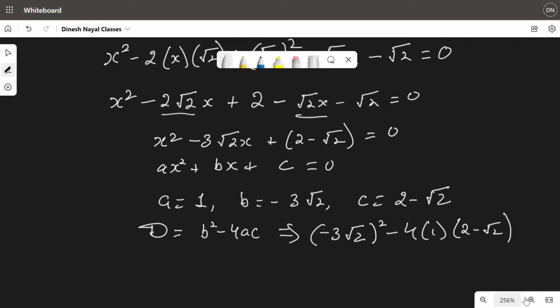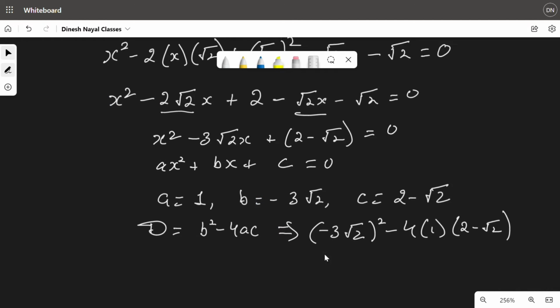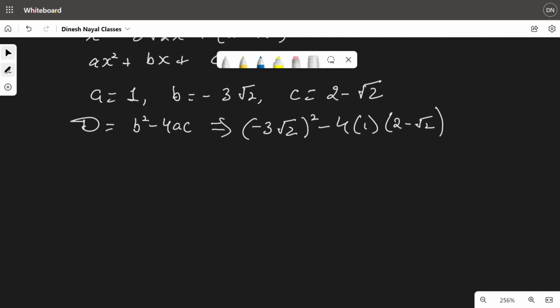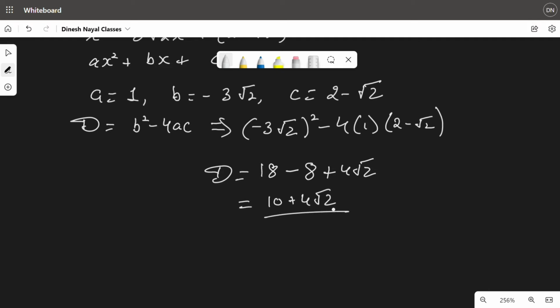Now, minus 3 square will be 9, and root 2 square will be 2, so 9 into 2 is 18, minus, now expanding the bracket, this is 8 and this is minus, plus 4 root 2. So 18 minus 8 is 10 plus 4 root 2. We can clearly see that this term is greater than 0. So over here the discriminant is greater than 0, thus it has real and distinct roots.